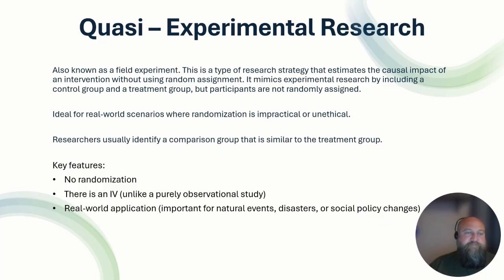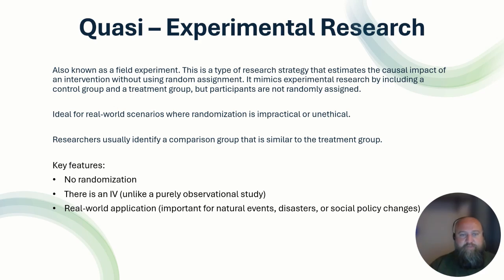All right, so moving on to quasi-experimental. And this is probably one of the most important types of research that's done in social sciences. These are also sometimes referred to as field experiments. So this is a type of research strategy that estimates the causal impact of an intervention without using random assignment.